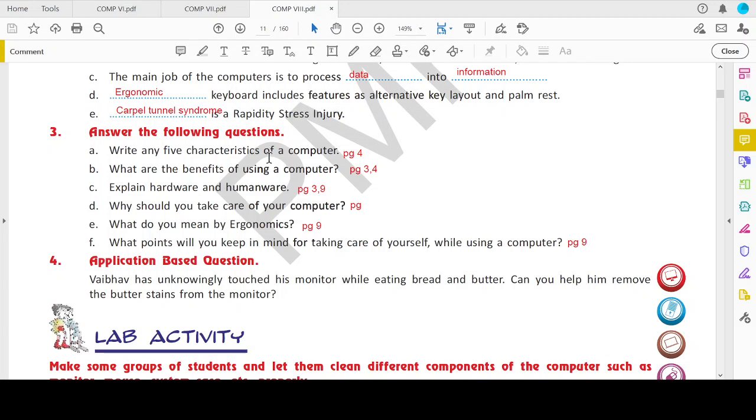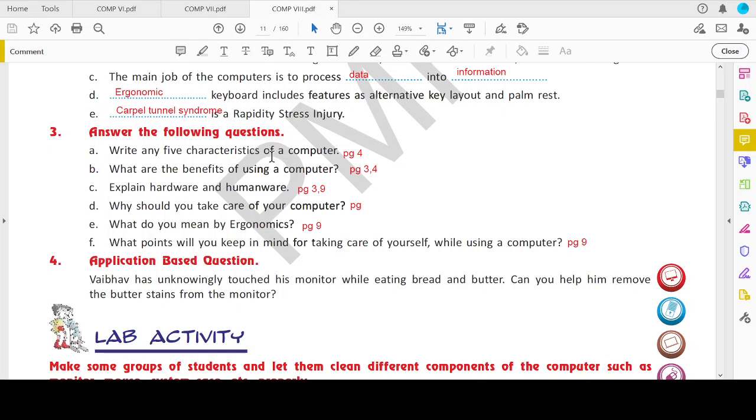These are the important characteristics of computer. But you have to write about them. What do you mean by speed? Why is the speed of a computer effective, beneficial for us? What makes the speed of computer useful to human beings? You have to write that.